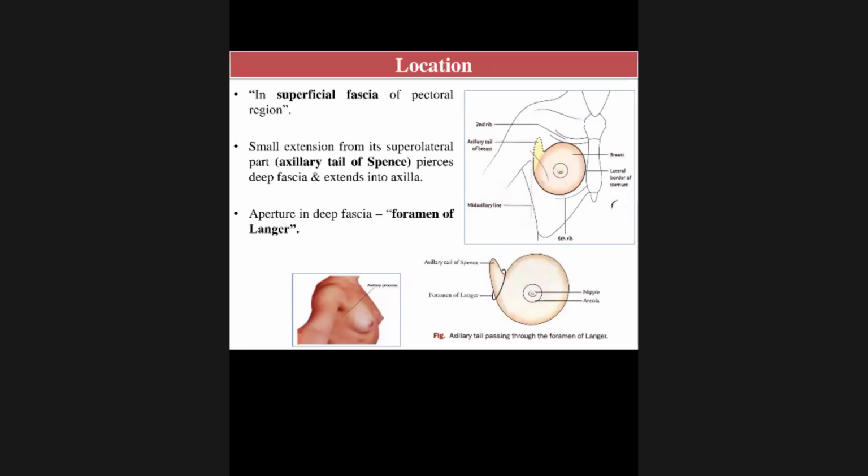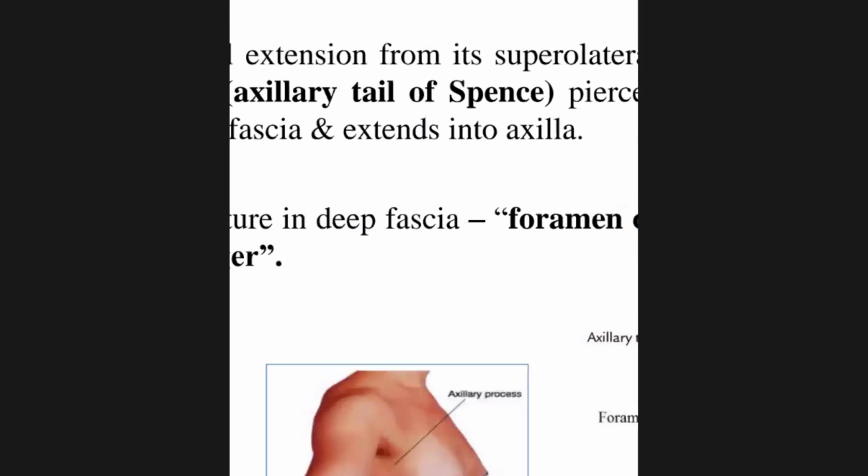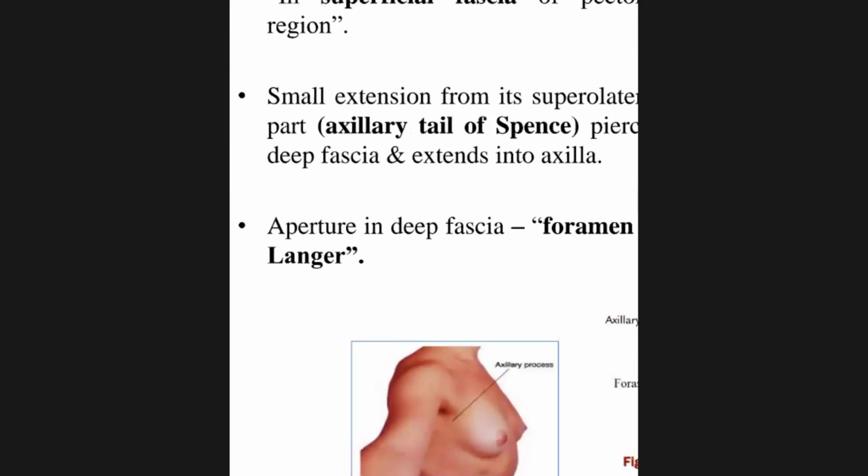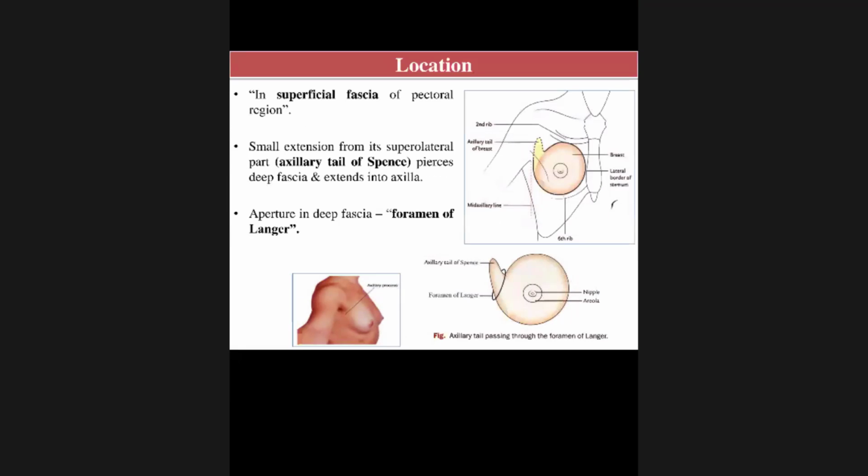So this mammary gland is not only present in the chest region or pectoral region, but it also extends into the axilla. In this picture also we can see the axillary process extends into the axilla. So this is about the location of the mammary gland.